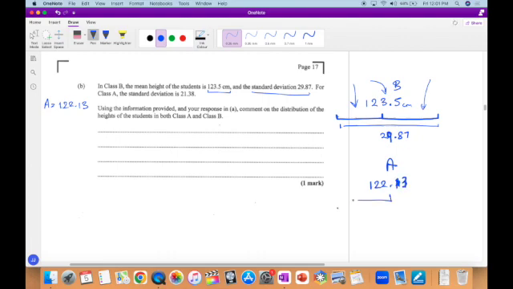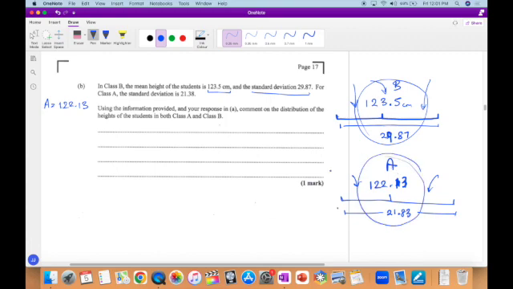And the standard deviation is almost the same as well, with 21.83 generally being the margin of error that we're dealing with here. And so we could conclude that the average heights of both Class A and Class B are about the same.